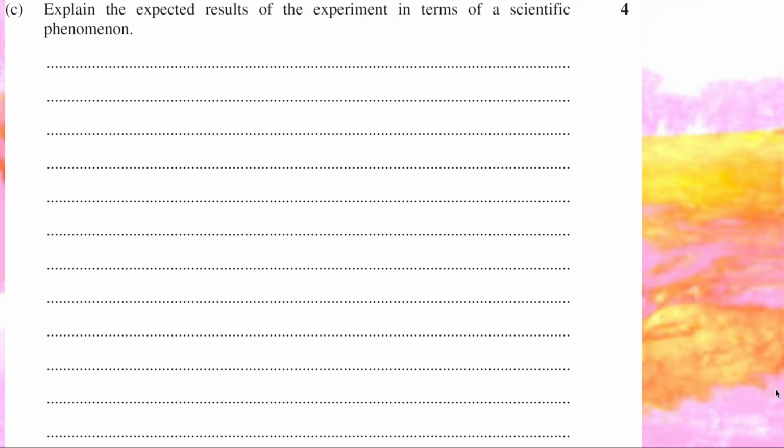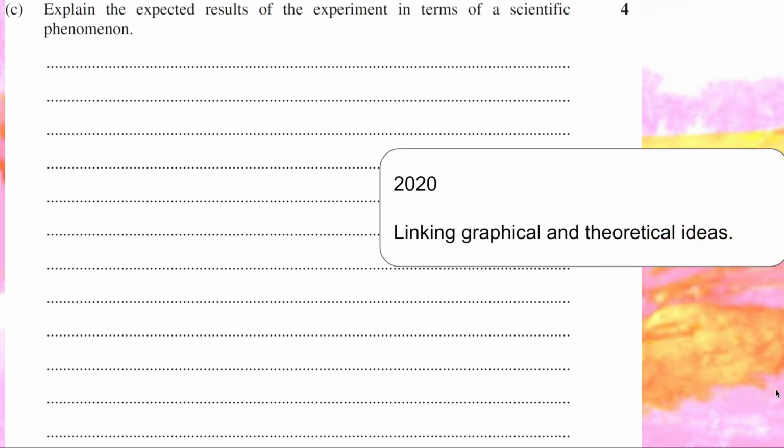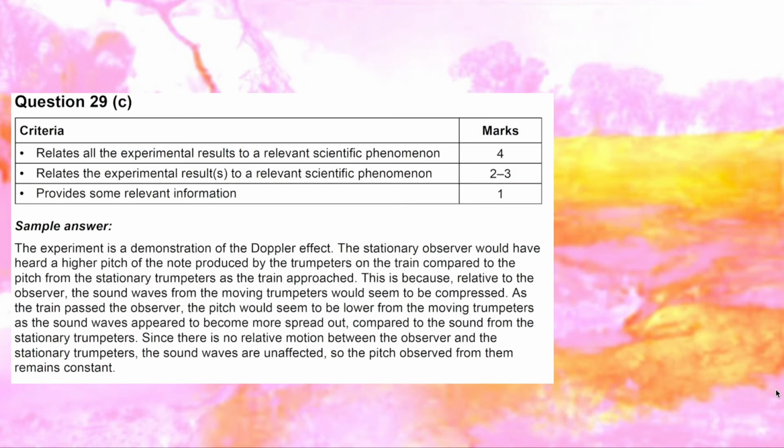And of course, in part C of that question you need to talk about the phenomenon. So you've got to link what you've shown in your graph to the theoretical idea, which is the Doppler effect.